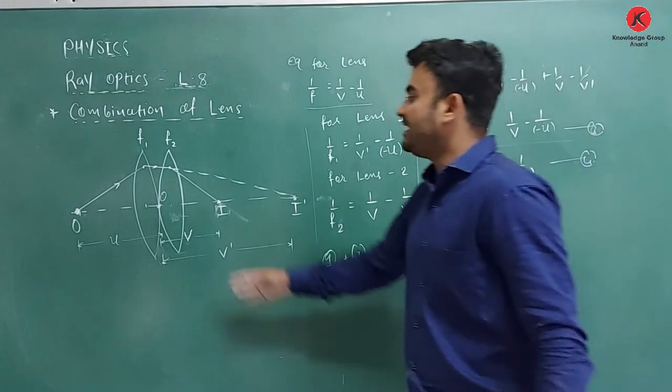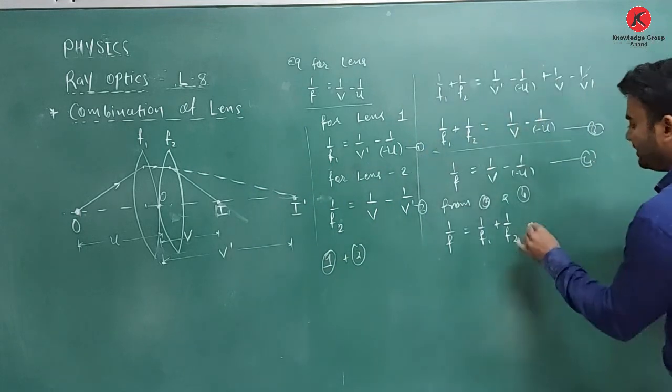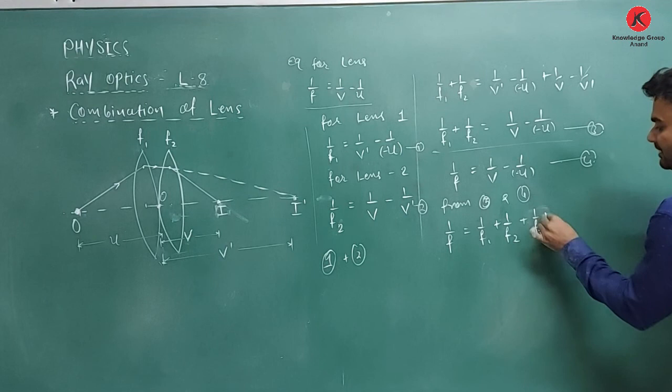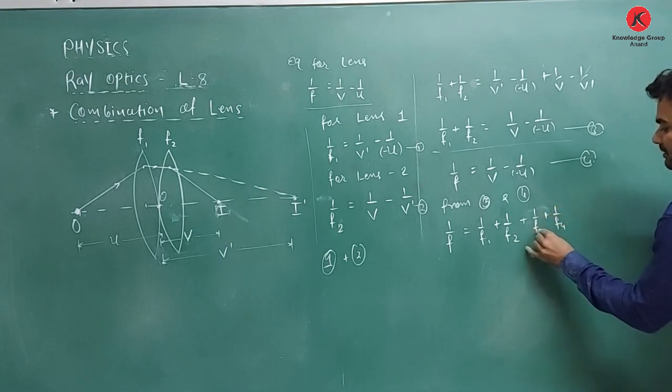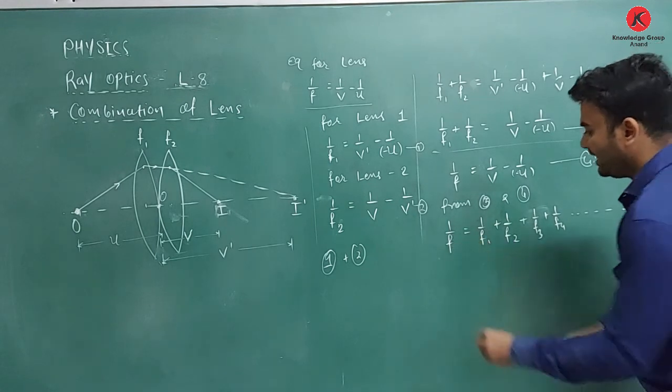Let's say if I have other lenses, lens number 3, 4, 5, 6, then the equation will be 1 upon f3 plus 1 upon f4 up to infinite.